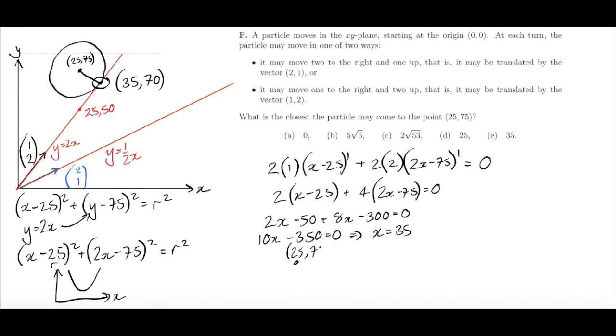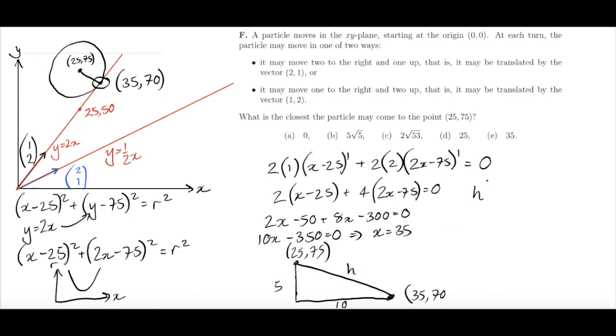So we have a point (25, 75). We have another point down here, (35, 70). So the difference in y there is just 5. The difference in x is just 10. So this is just a good old Pythagoras question to find the hypotenuse.